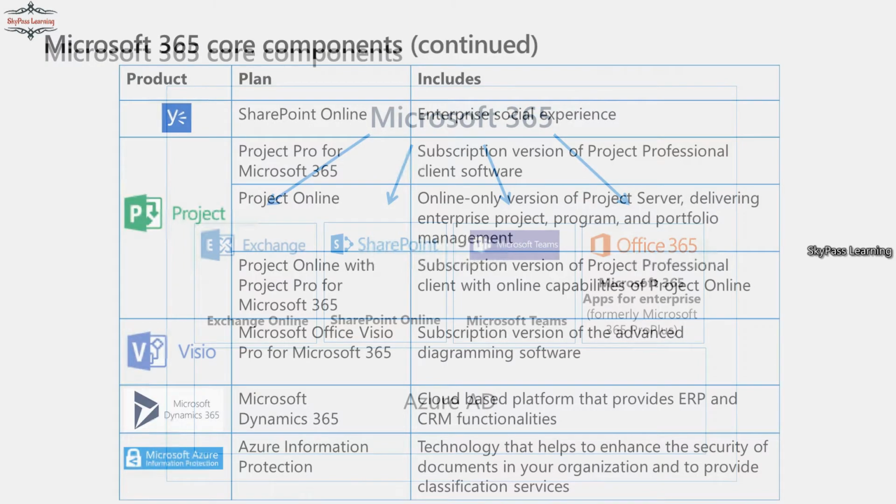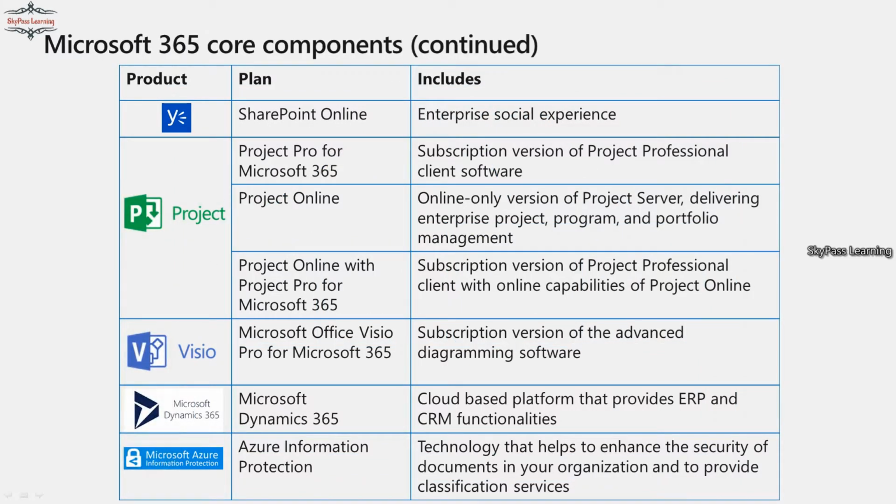A couple of other things are also available in Microsoft 365 as core components. One of them is Yammer. Yammer is an enterprise social experience, your internal, just like Facebook or Instagram or a similar solution, but limited to your internal corporate environment. That is available, and based on SharePoint integration, you can use it.